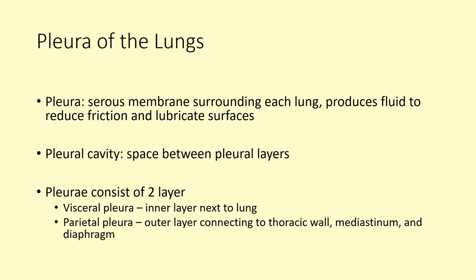It's connected to the thoracic wall, depending on where it is on the lung, the mediastinum or the diaphragm. And so the space between them is where the pleural fluid is going to be. Pleurisy is when you have an inflammation of the pleural membranes. And because it's attached right to the lungs, it's going to be painful every time you inhale and exhale.